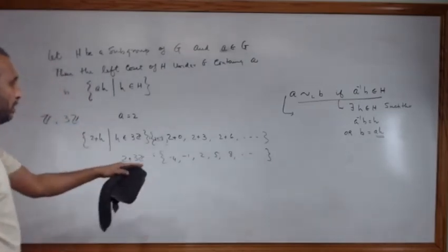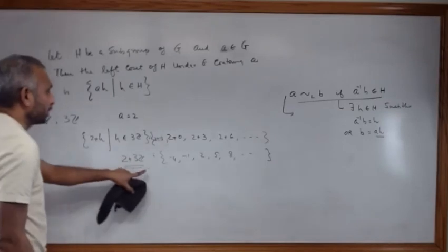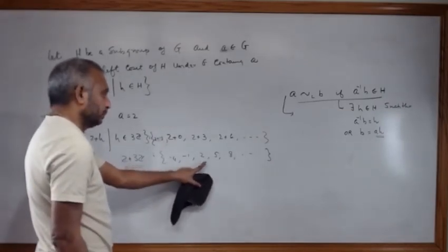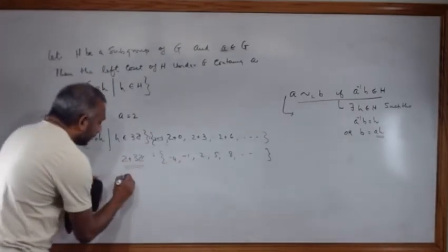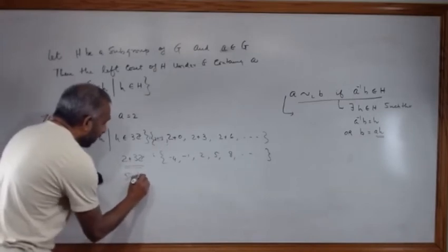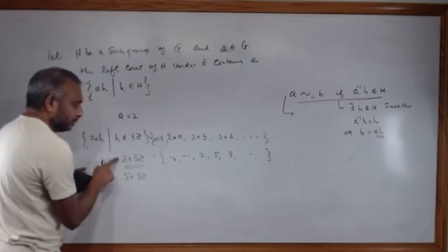And that's what we found in the last session. So this is a coset containing 2. You have 2 here. And 2 plus 3Z and 5 plus 3Z are the same because 2 and 5 are related.